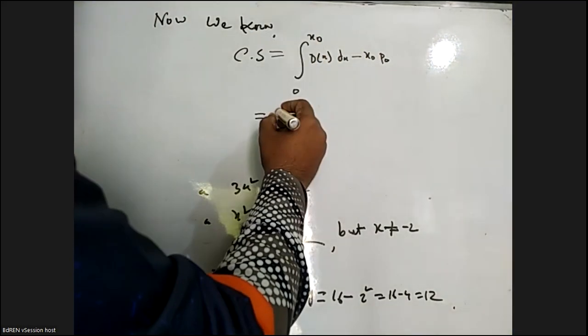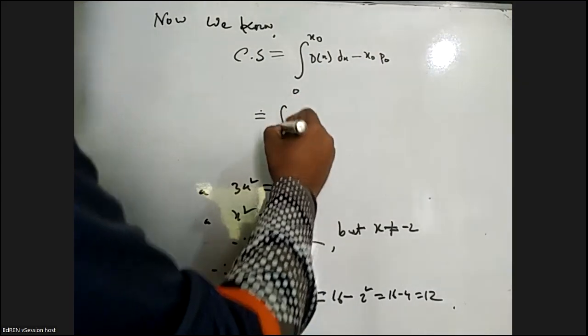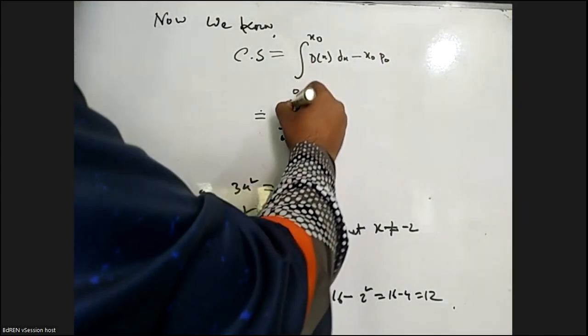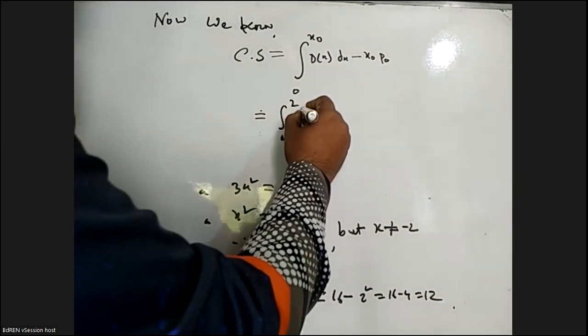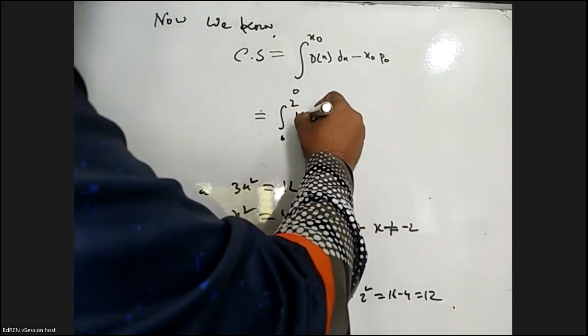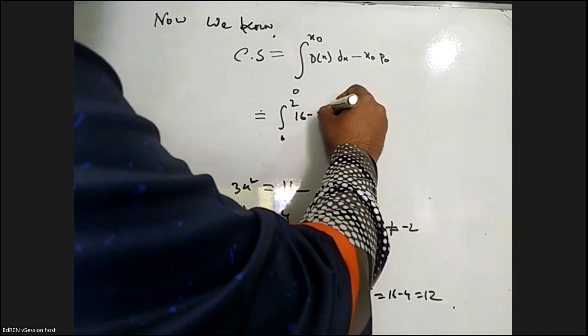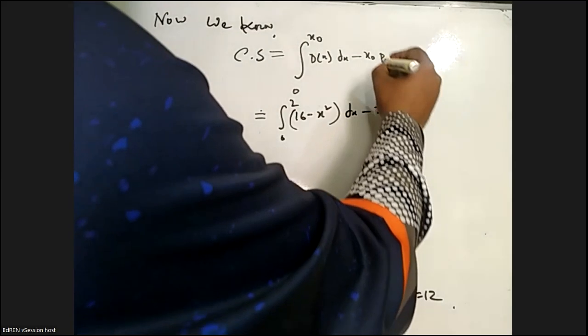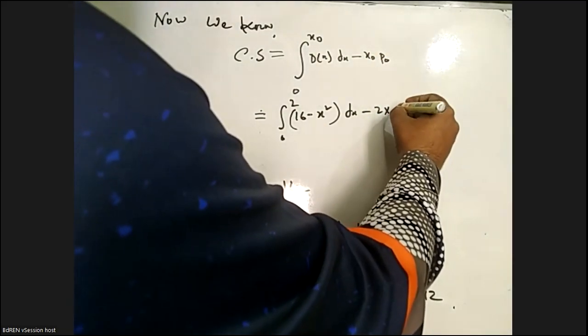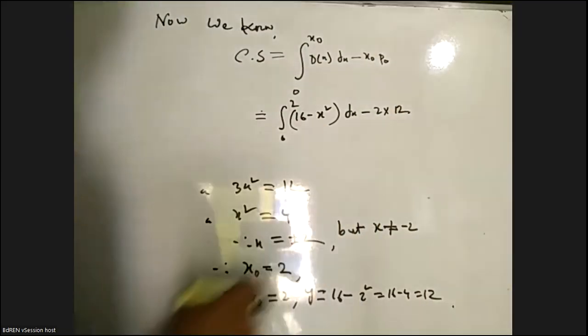So this can be written as the integral from 0 to 2 of the demand function, 16 minus x square dx, minus x naught times p naught, where quantity is 2 and price is 12.